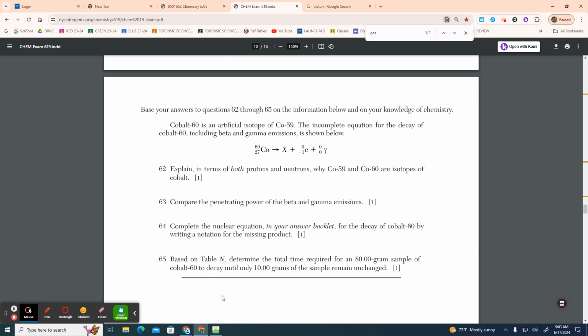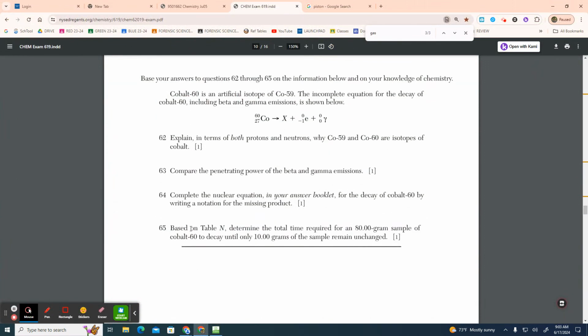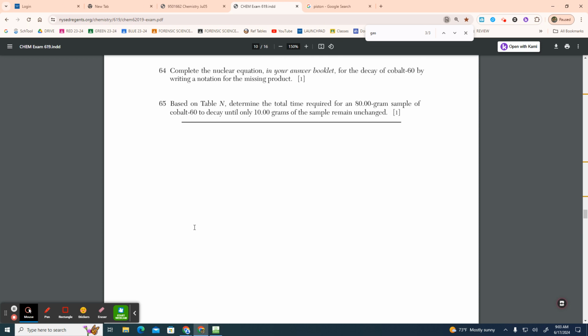64 is the one we just answered, the what is the X. Complete the nuclear equation in your answer booklet for cobalt 60. Based on Table N, determine the total time required for an 80-gram sample to decay until only 10 grams remain.